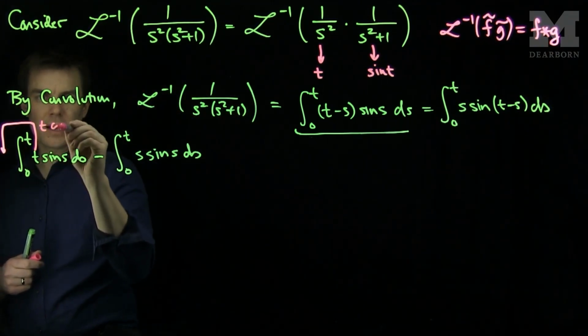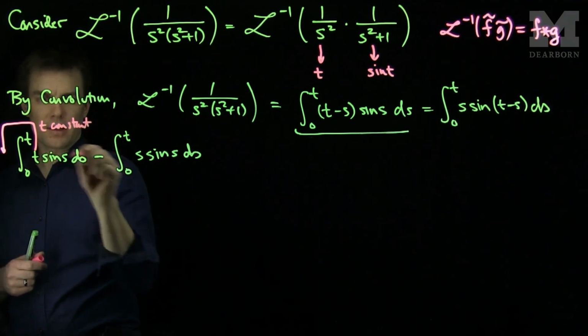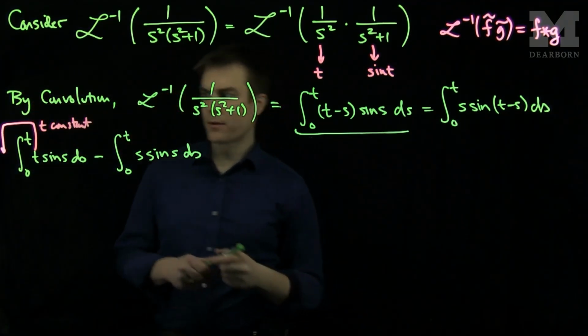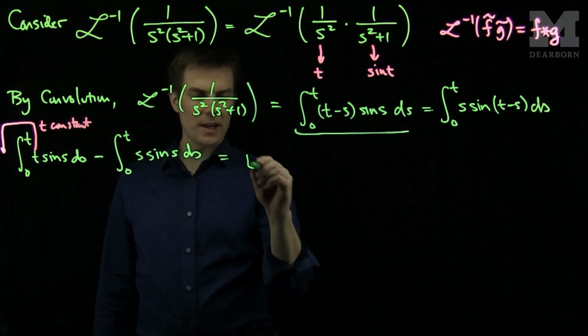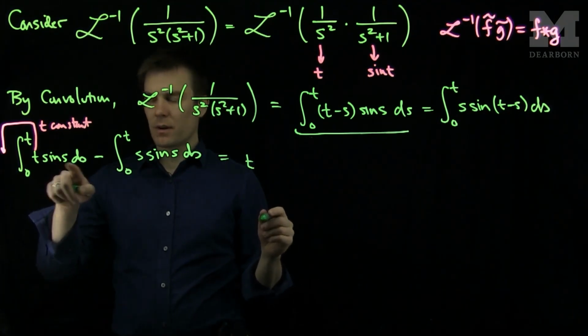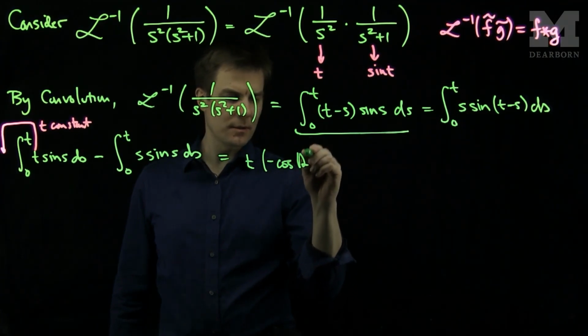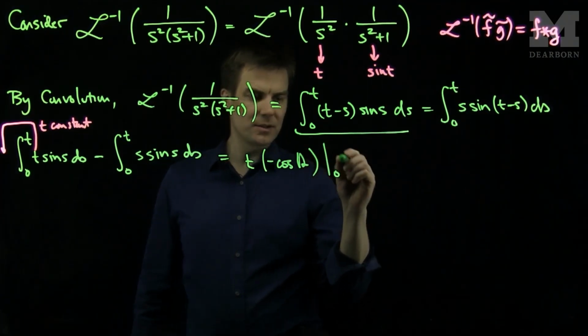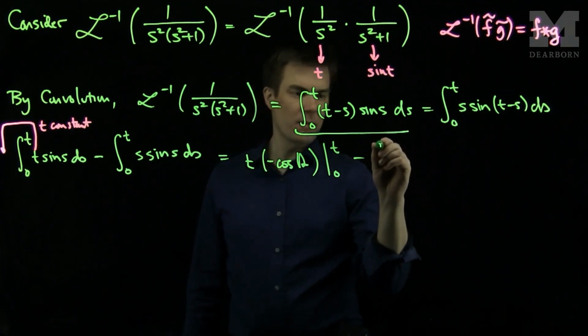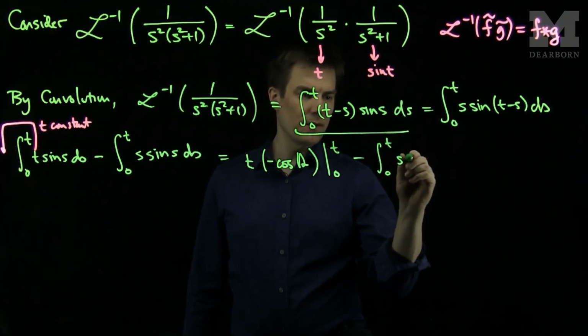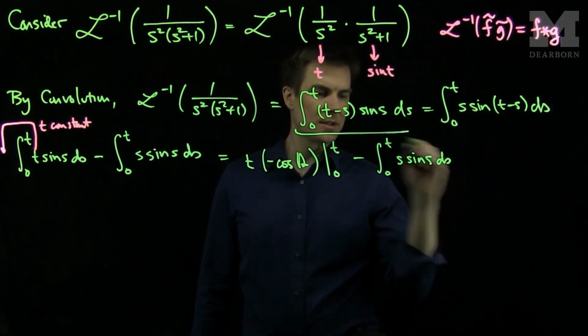So t is constant in this expression. So the first integral becomes t, and then the antiderivative of sine is negative cosine of s from 0 to t. Then I have minus the integral from 0 to t of s sine s ds.